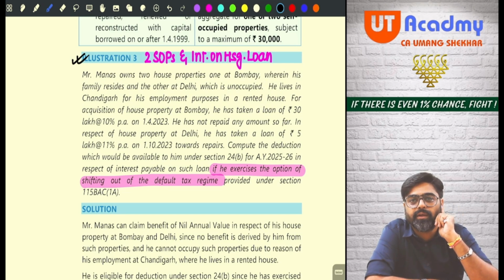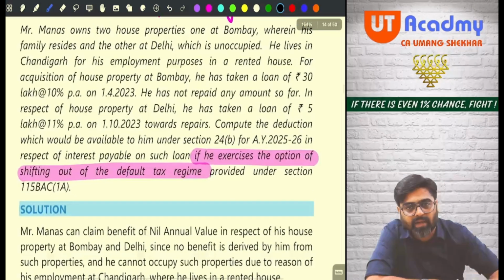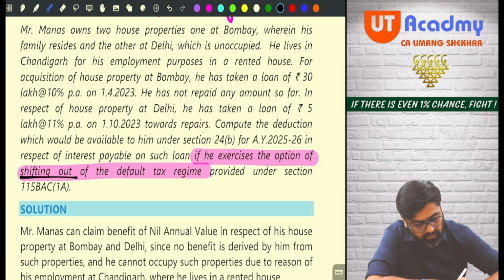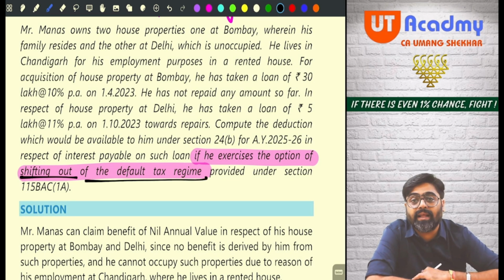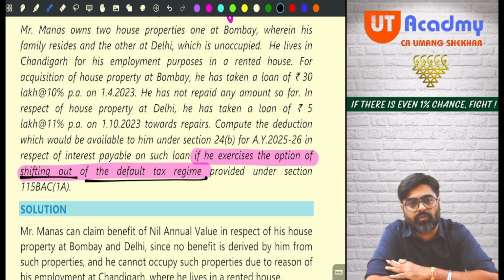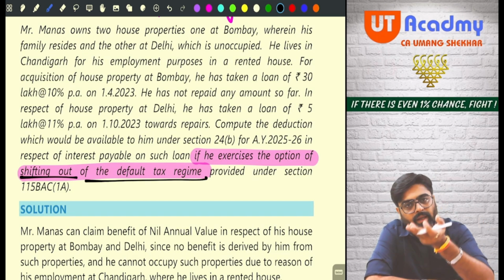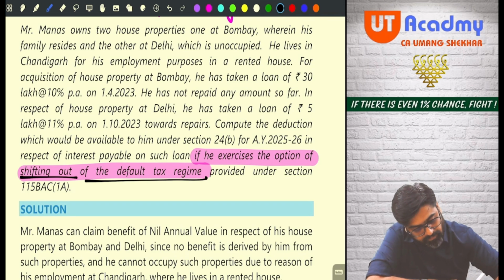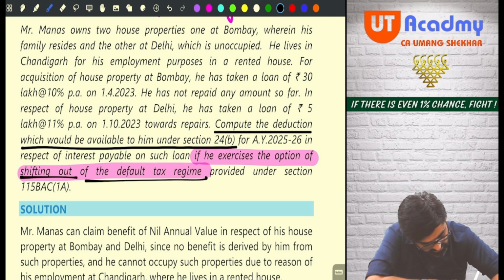Got it? So in the question, I have highlighted, they are saying that if he exercises the option of shifting out of the default tax regime, meaning is he following 115 BAC or not following? Not following 115 BAC. If not following 115 BAC, interest on housing loan deduction will be available? Yes. So compute the deduction which would be available to him under section 24(b) in respect of interest payable.